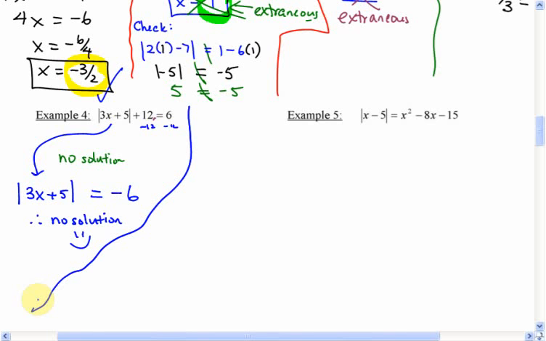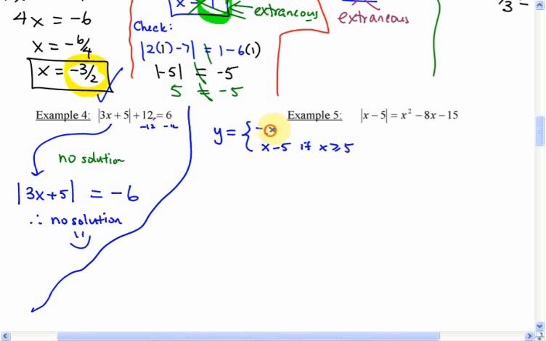All right. Example 5, I believe there are solutions. I'll let you try number 5 right now, and let's see what you get. If you want me to help you out, the piecewise function for absolute value of x minus 5, that's easy. x minus 5 if x is bigger or equal to 5.